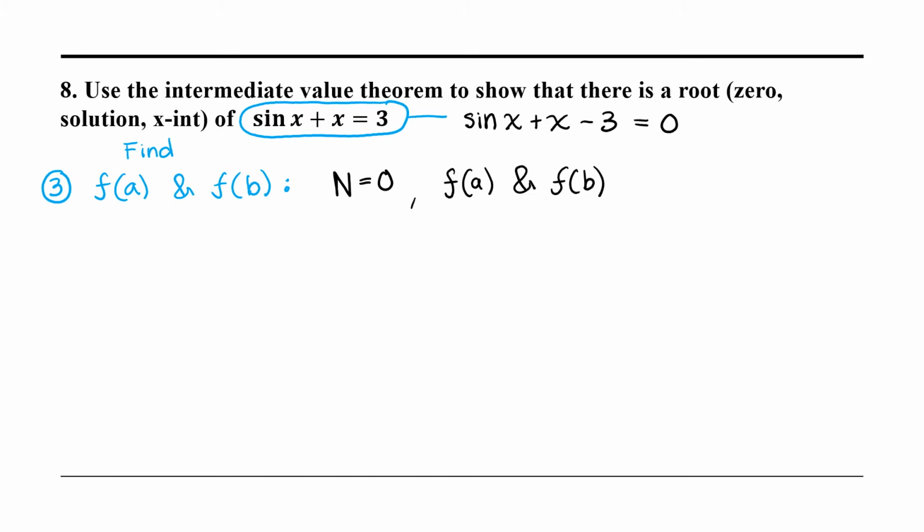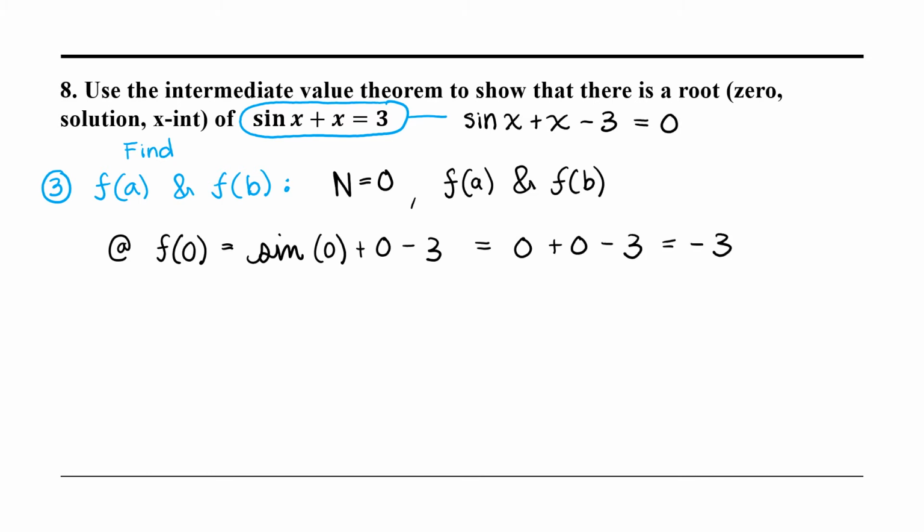So let's just start by substituting something that's nice and easy to evaluate. So at f of 0, we have sine of 0 plus 0 minus 3. So that'll be 0 plus 0 minus 3, which is equal to negative 3.